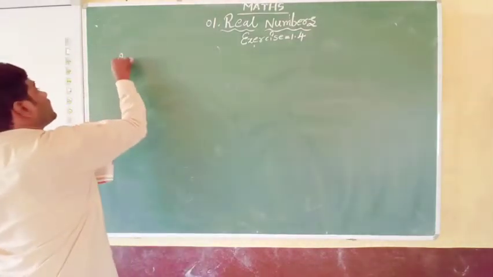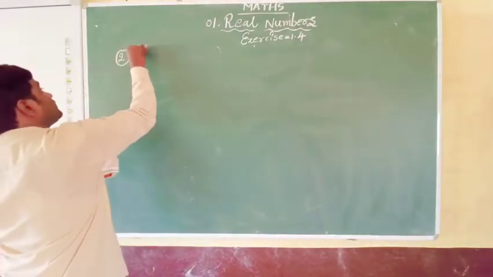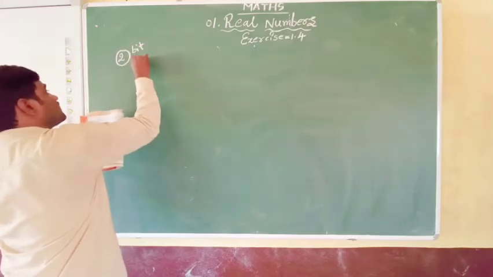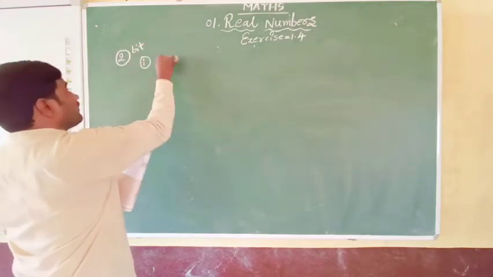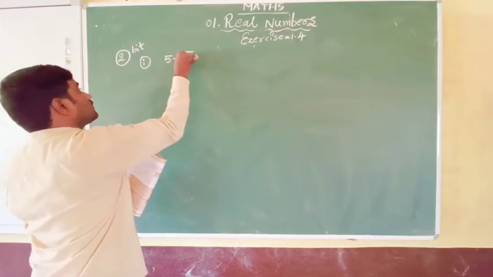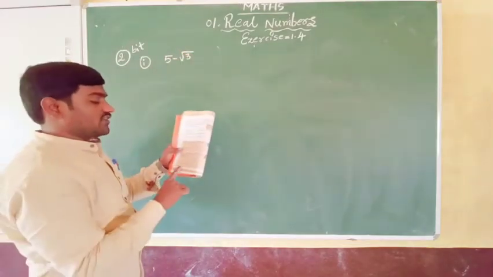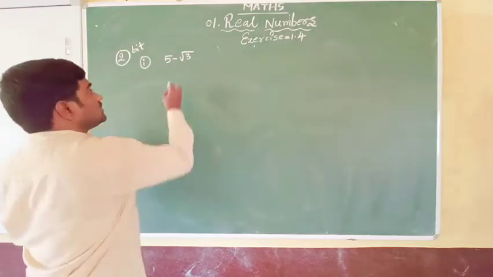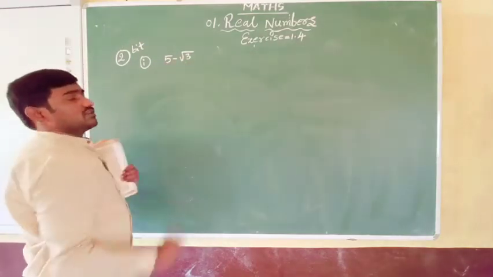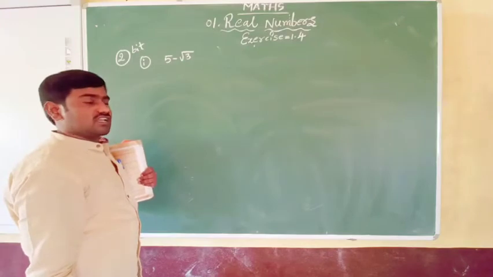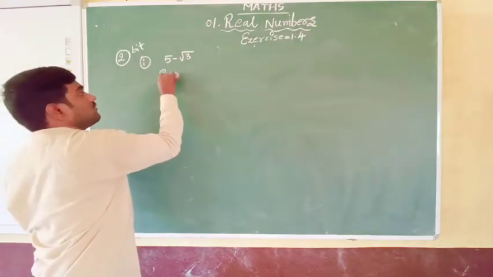That will be different. Now, in the second bit, we go for the first one. 5 minus root 3. Is it a rational number or irrational number? Simple: one rational number, one irrational number. The difference of one rational and one irrational is always an irrational number.